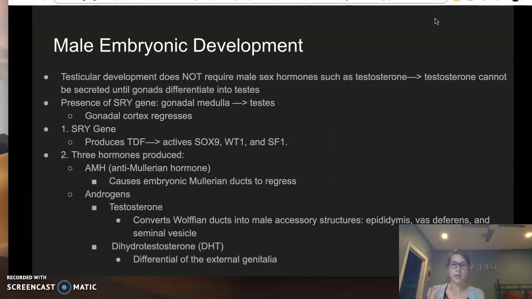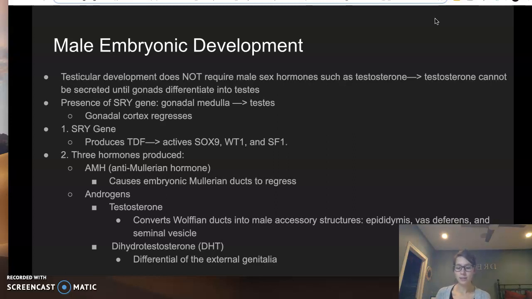Those genes include SOX9, WT1, which is the Wilms tumor protein, and SF1, which is the steroidogenic factor. And these genes help direct the development of the gonadal medulla into testes.